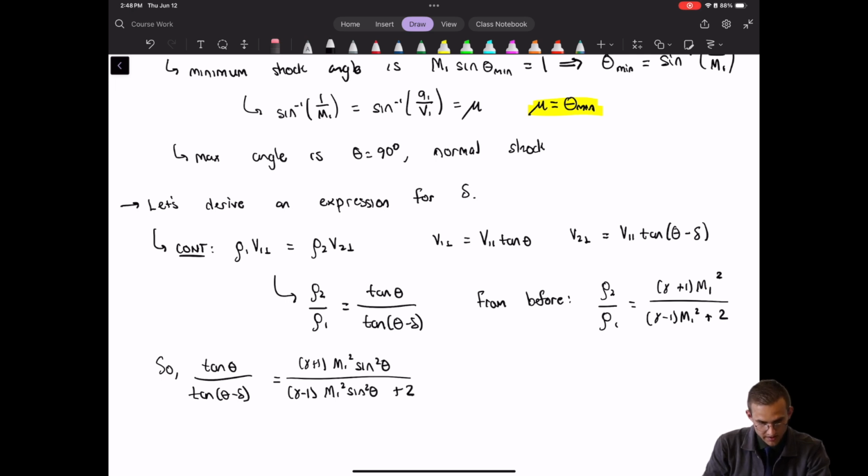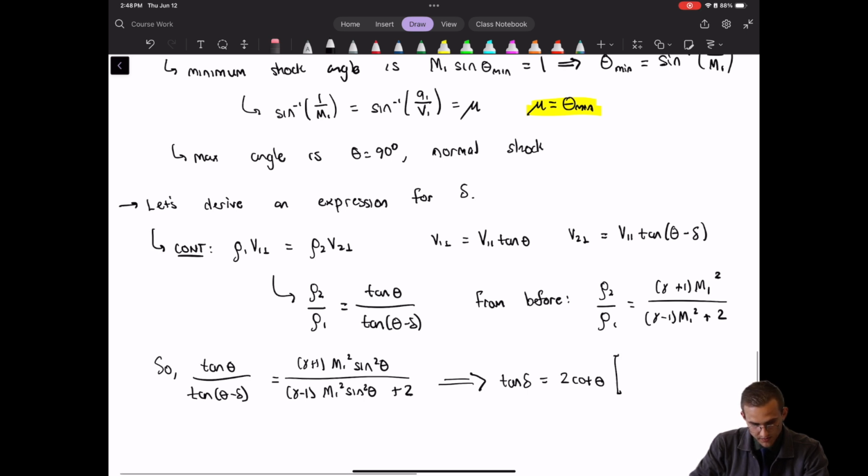And through a bunch of complicated algebra that I'll spare you from, you end up with tangent delta is equal to twice the cotangent of theta times the quantity m1 squared sine squared theta minus 1 divided by m1 squared times the quantity gamma plus cosine 2 theta plus 2, on the denominator there.